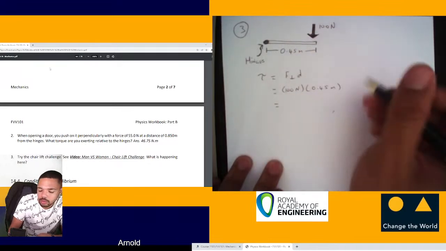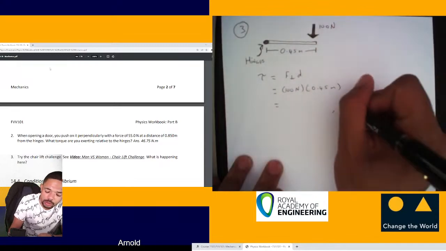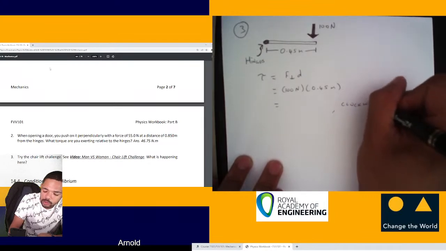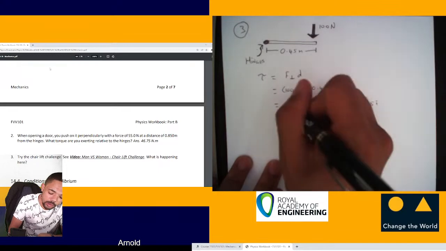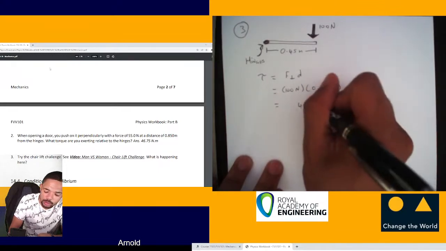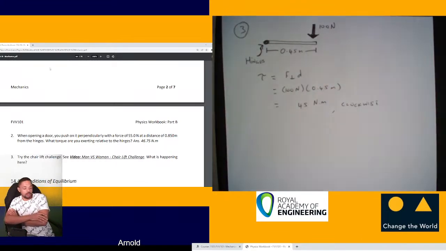It doesn't have to be clockwise. The force could have been acting from underneath. It's just how I drew it. Since torque is a vector after all, it is going to have a clockwise direction. So 100 times 0.45 is 45 Newton meters. Okay, there you have it, 45 Newton meters.